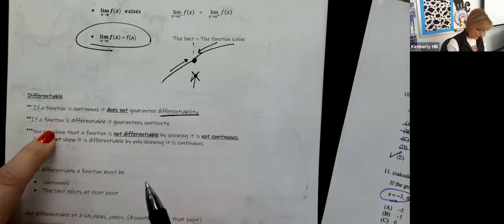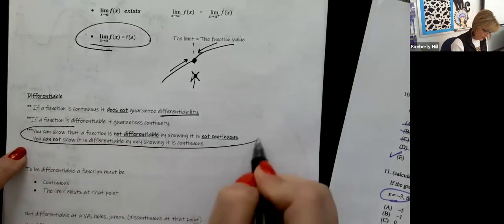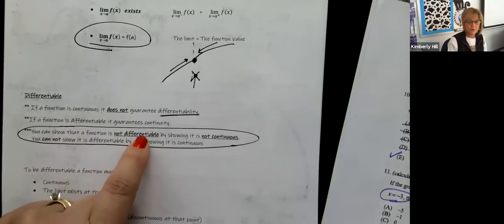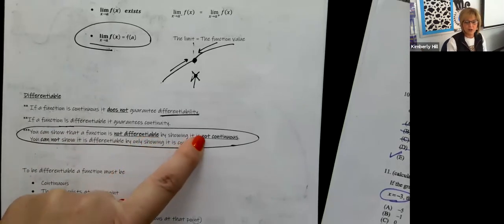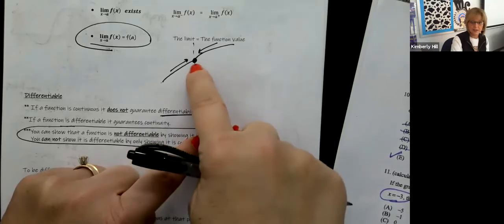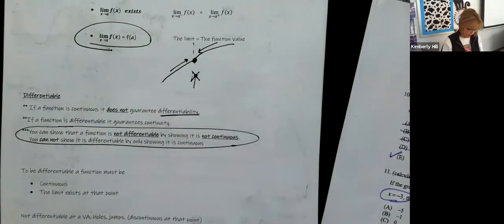So what you need to know is this one. This is the one that we're going to look at today. You can show that it is not differentiable by showing it's not continuous. So if you look at something and it's not continuous at a point, it is also not differentiable. That's the only thing you can say. You can't say that because that's continuous, it's differentiable. There are things that make that not true.